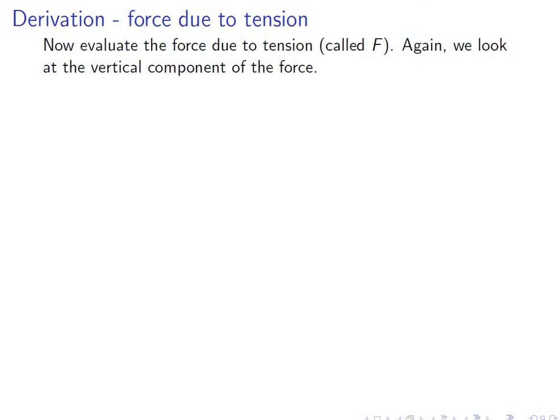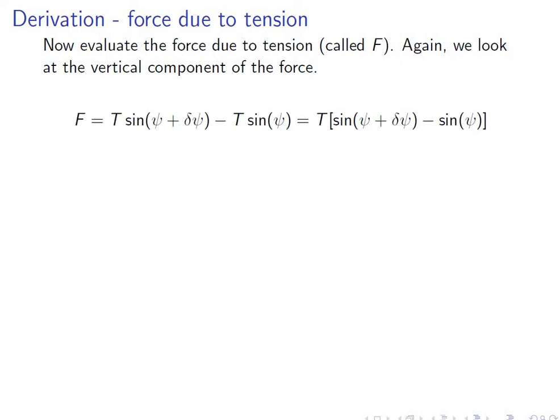Now evaluate the force due to tension called F. Again, we are looking at just the vertical component of the force. So the vertical component F is T times (sin(ψ + Δψ) − sin ψ). Since the angles are small, sine of ψ is approximately equal to tan ψ.